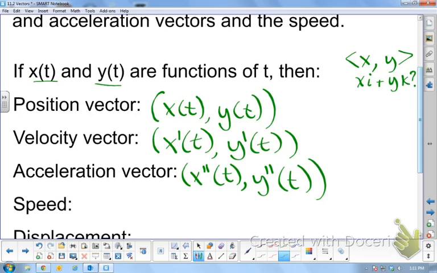So graphically, if I were to pick a random point, let's say this point is x prime of t, comma, y prime of t. Well, to get to that point in the x direction, we go from the origin. So this is actually the x prime of t distance here.